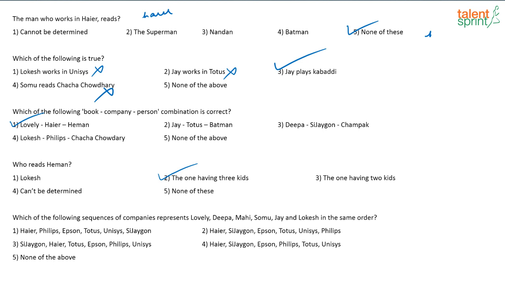Which of the following sequences of companies represents Lovely, Deepa, Mahi, Somu, Jay, Lokesh in the same order? Okay, they are looking at the company. So which company is Lovely working in? Lovely is working in Hire.